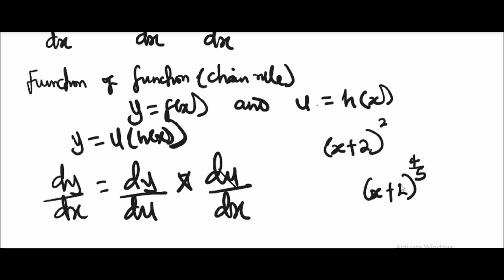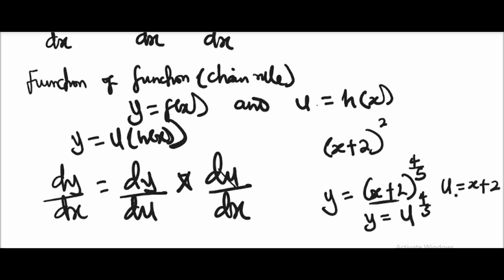I can't do it that way, so that is why I have to bring in the chain rule. The chain rule says assign a variable, so y is equal to u raised to the power of 4 over 5, where u is equal to x plus 2.